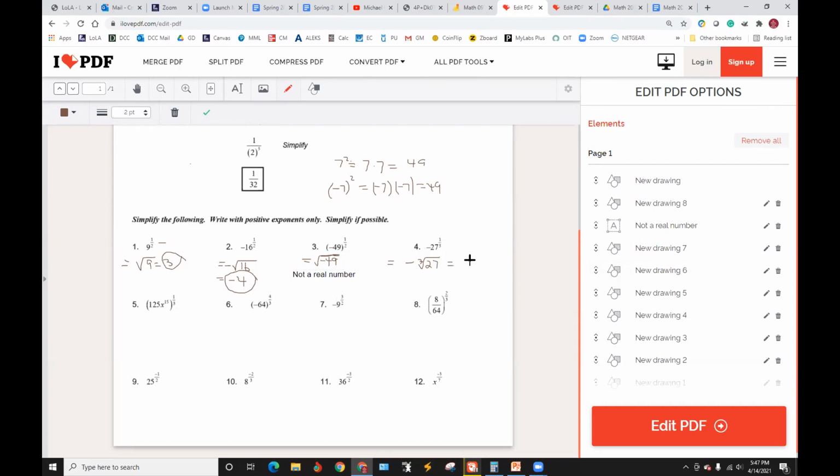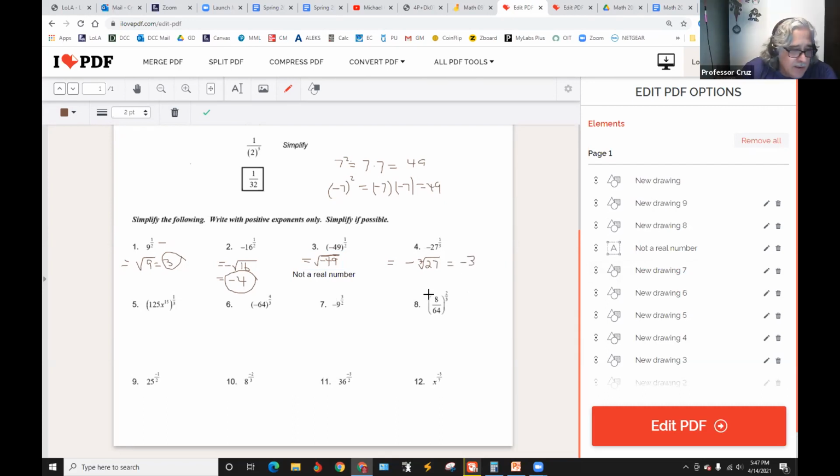Good. So 3 times 3 times 3 is 27. And then the negative sign was on the outside, making sure that this was going to be negative.